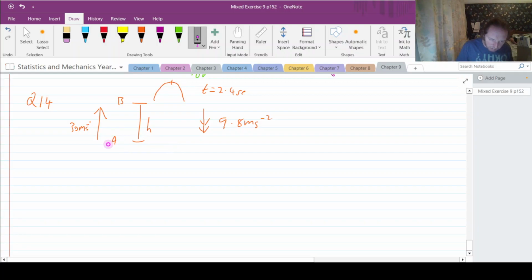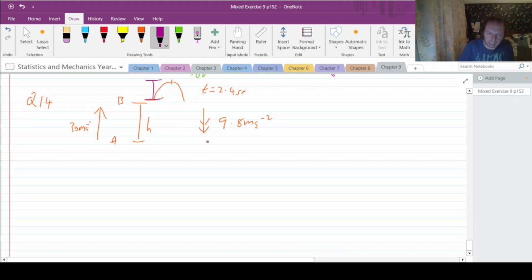We know we're doing 30 meters a second when we begin. Now this whole time is 2.4, so one of these options here is actually just 1.2.